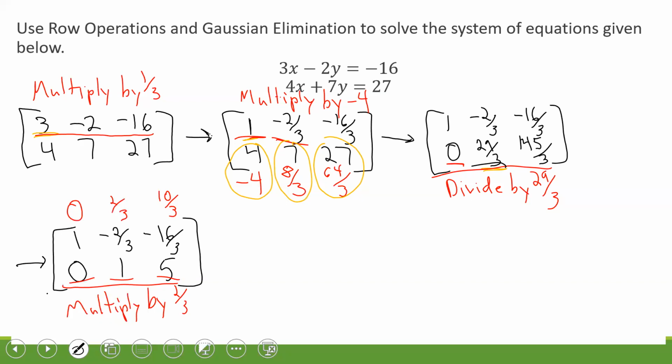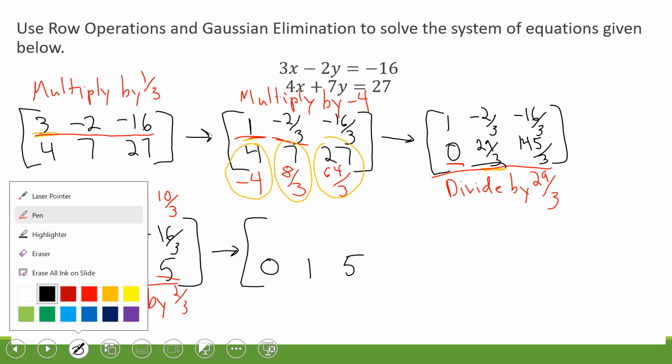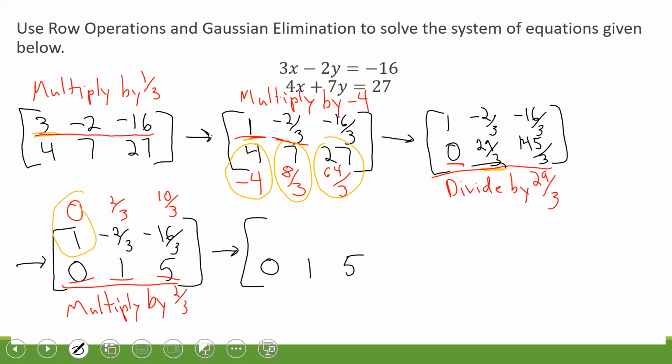Then we're going to add those, entry by entry, to each of the entries in the first row. As we're doing that, we're not going to change the second row. So even though we multiplied every entry in that second row by the 2/3, none of those entries will change. And then again, we're going to add entry by entry with these pairs here.